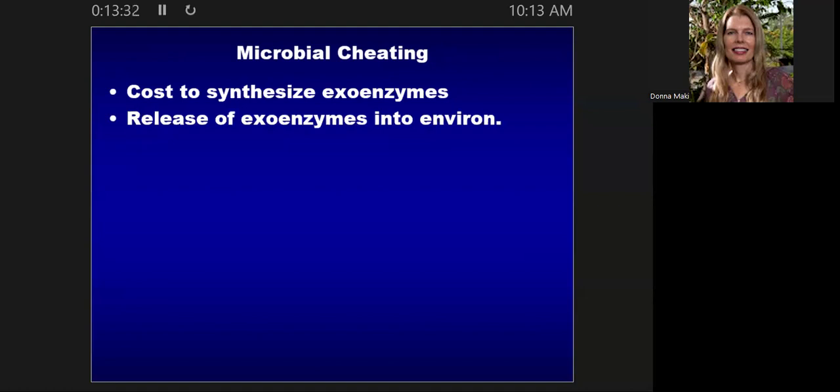I'll just let my neighbor do it, and that'll be good. Those enzymes get released out away from the cell, some distance. And so any nearby microbe that could be right there could be taking advantage of the breakdown products and scarfing them up before the cell that did all the work has easy access to those as well.